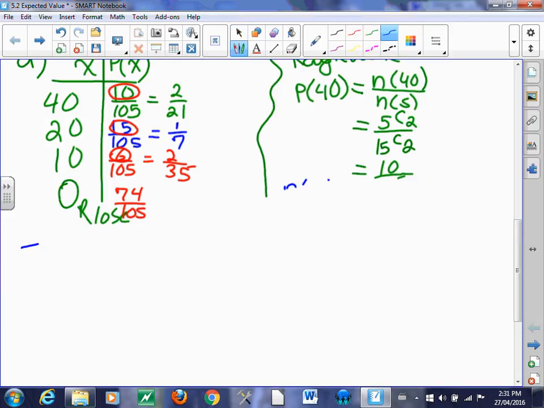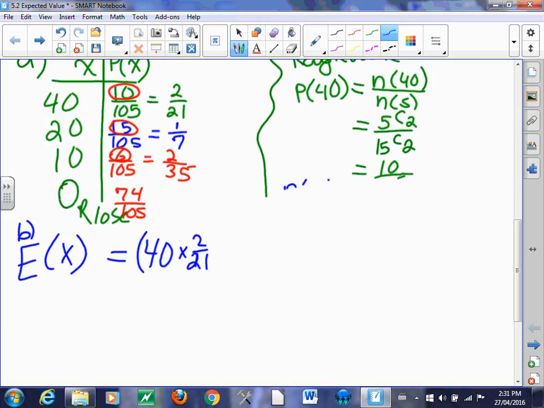Okay, so my number B is what's my expected value? Or how much do you expect to win means you're looking for the expected value. So what you need to do is multiply my winning outcome, which is 40, by your probability of that.